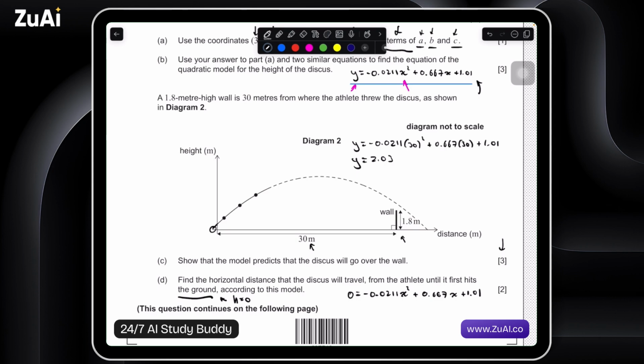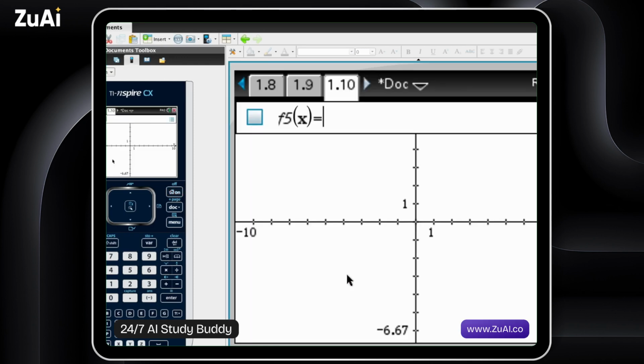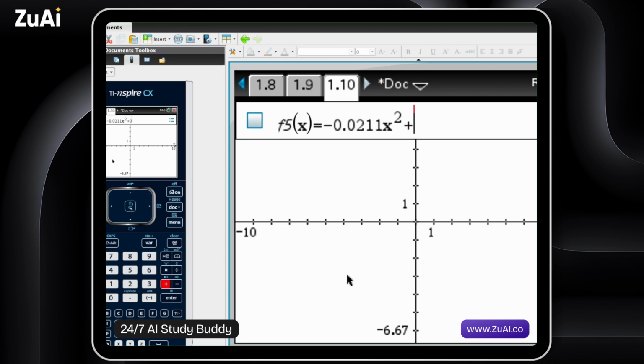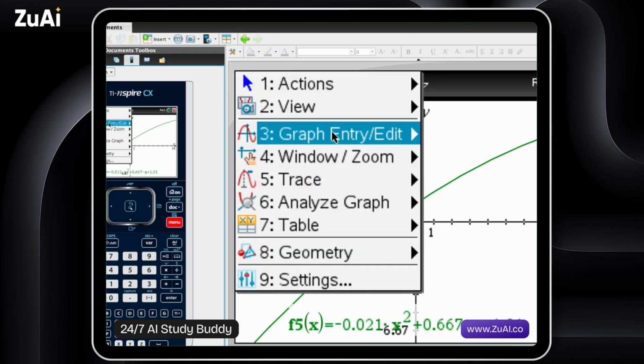But I'm going to go ahead and graph it because I think that's a nice visual way to go about doing this. Home screen, once again: negative 0.0211 x squared plus 0.667x plus 1.01. Alright, that looks good. Let's graph it. Zoom out.